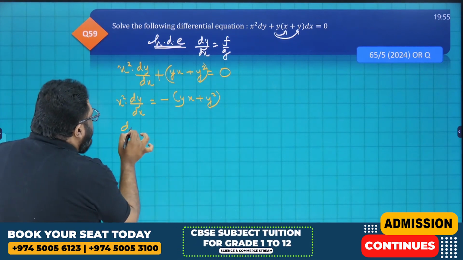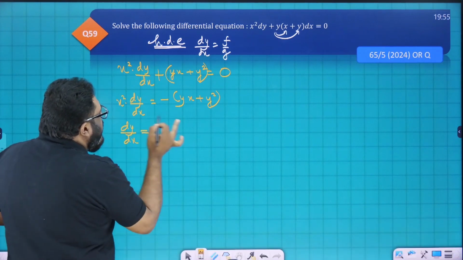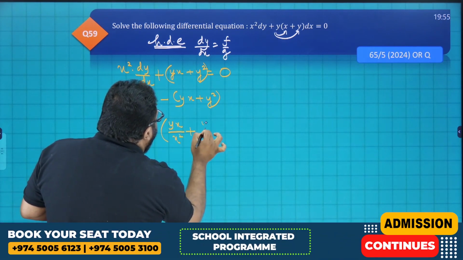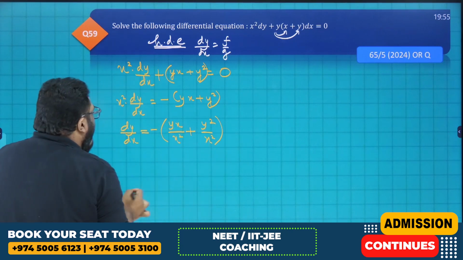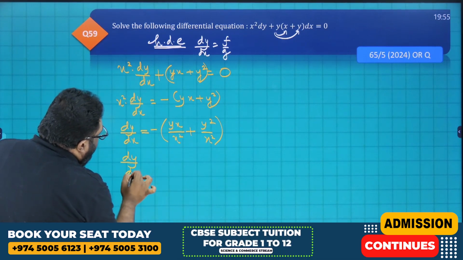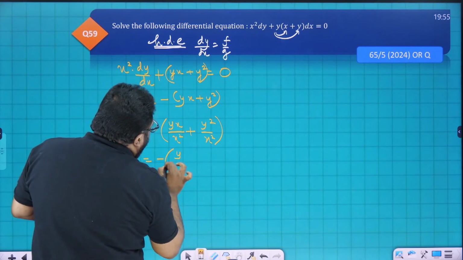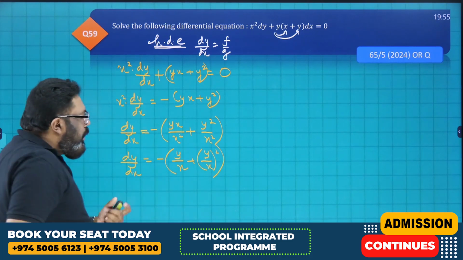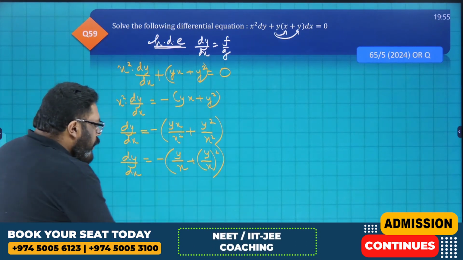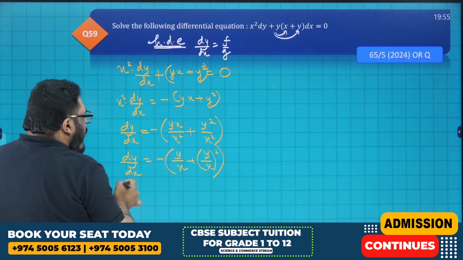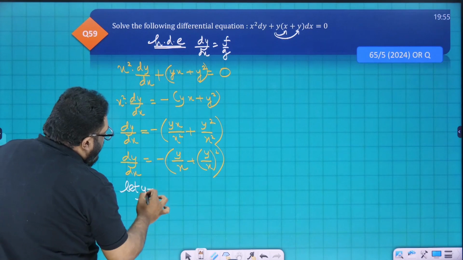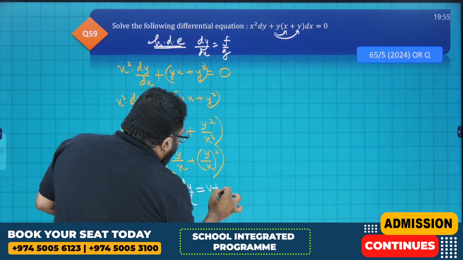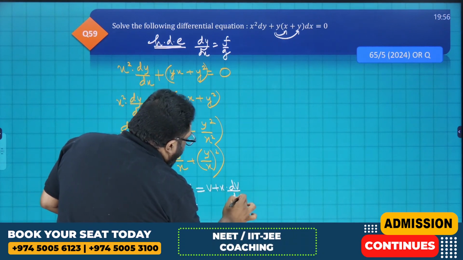Now I'll divide with x squared, all of you. dy by dx is equal to minus yx by x squared plus y squared by x squared. So dy by dx is equal to minus y by x plus y by x the whole square. Okay, now it looks homogeneous in y by x, no doubt. Substitute, let y is equal to vx. dy by dx is equal to v plus x dv by dx.